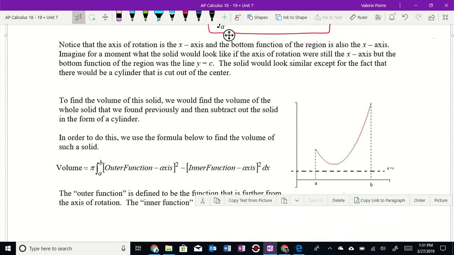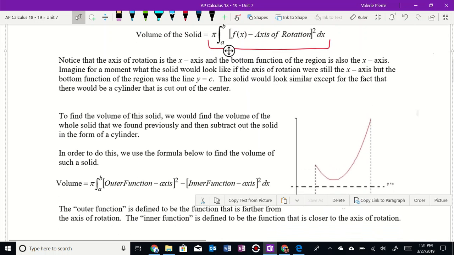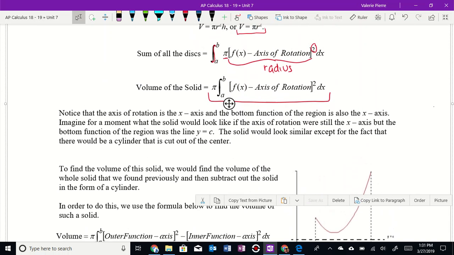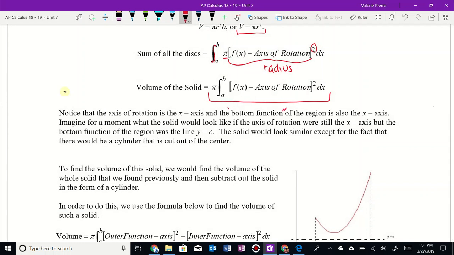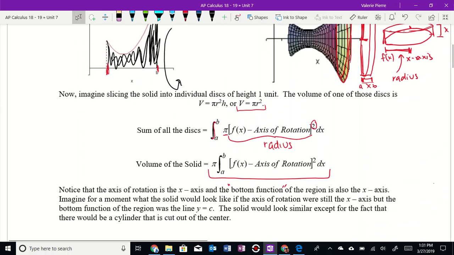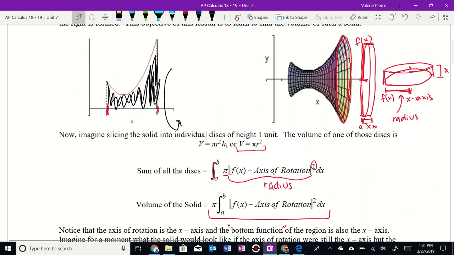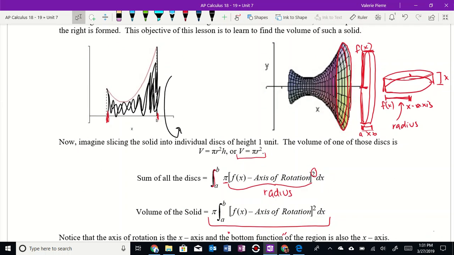Okay, so notice that the axis of rotation is the x-axis and the bottom function of the region is also the x-axis. So by bottom function, what I mean is this function, right?